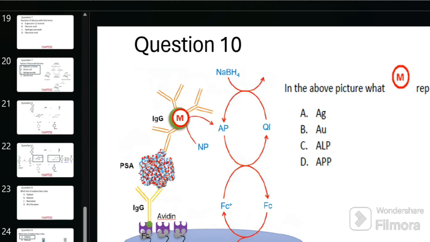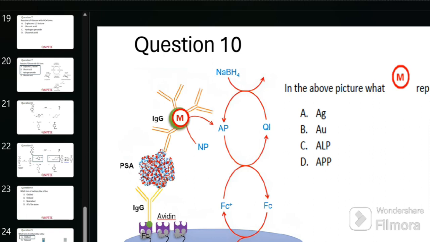And in the last one, we have to identify what is the labeling element. So here we have to determine what is the labeling element, which can be silver, gold, ALP, APP. For ALP, the initial product is APP.